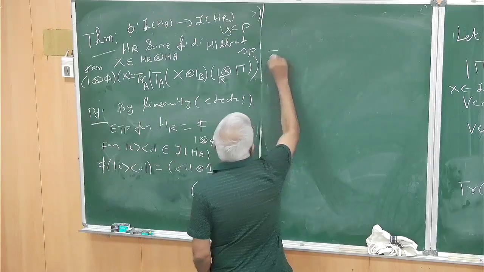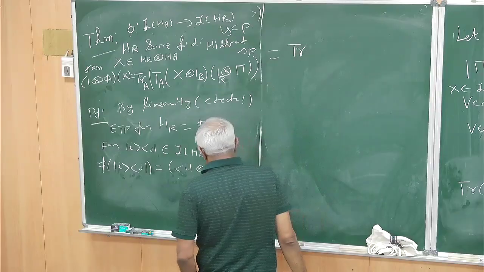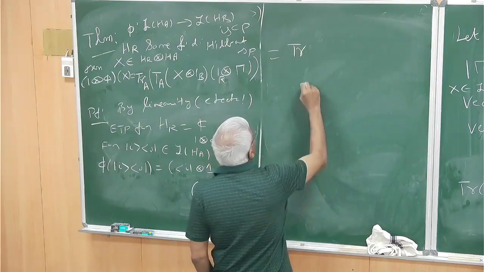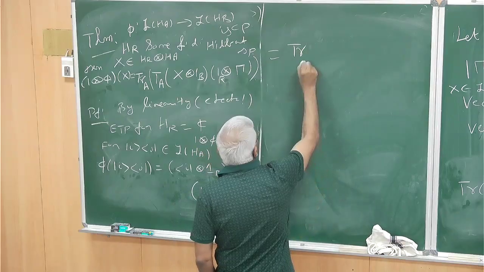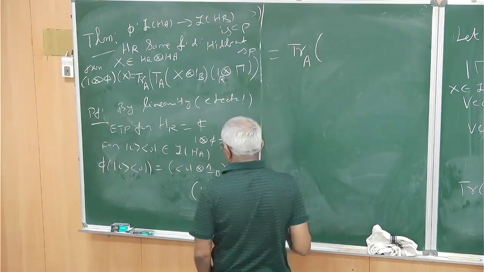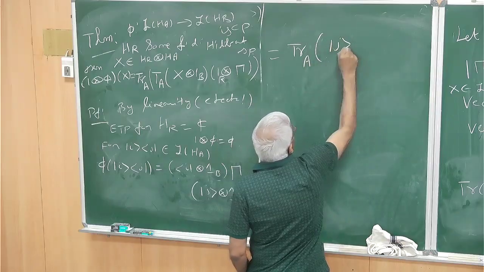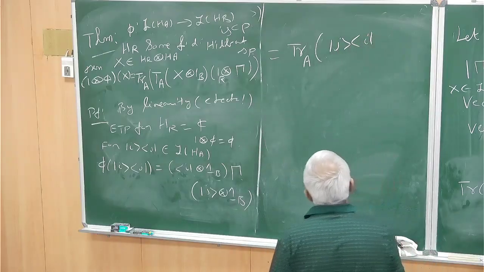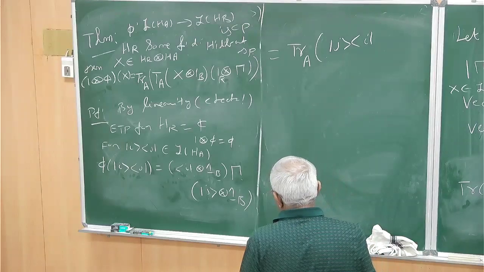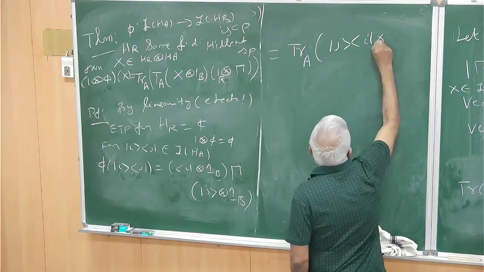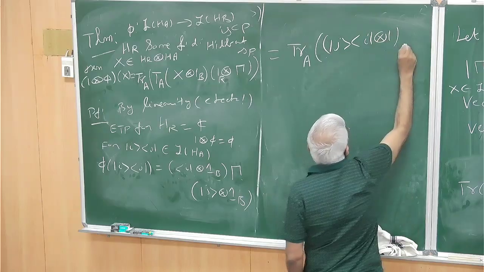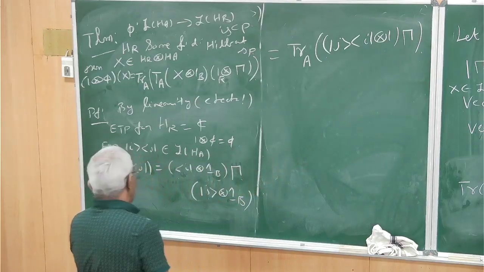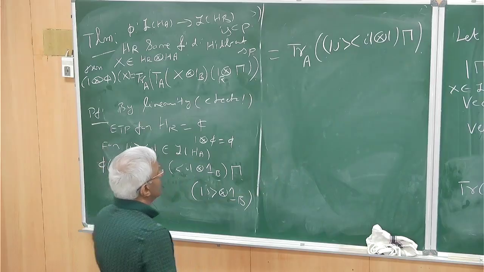This is equal to the trace with respect to the first entry A of this matrix J A I, tensor 1, gamma, tensor 1.